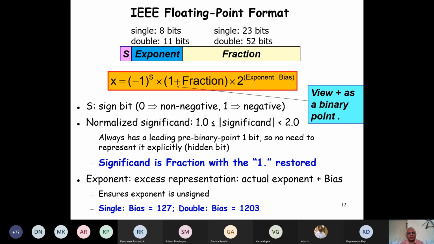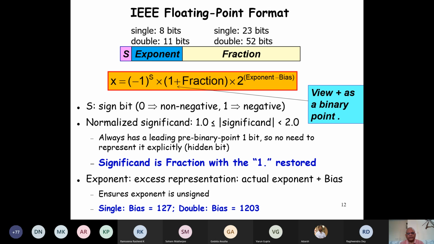Out of the 32 bits, 1 bit goes to the sign and 8 bits to the exponent. So that means 2 to the power 8 can be the exponent.